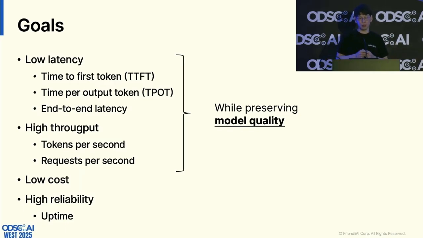Time per output token, TPOT, captures how fast it generates each additional token. For throughput, tokens per second or requests per second are the metrics we use. And also, what's important is that we would like to improve performance while preserving model quality. So when we apply optimizations, we need to ensure that the model still produces high-quality outputs. Lastly, when we talk about reliability, we care about high uptime, measured in how many nines we can guarantee.